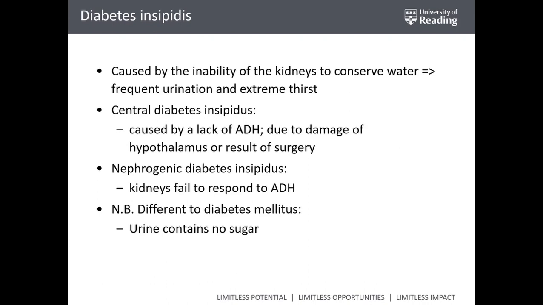So this is different from diabetes mellitus, which means sweet diabetes, because in diabetes mellitus, the urine is sweet because it contains glucose. The urine in diabetes insipidus doesn't contain sugar. It is just very diluted. Okay?